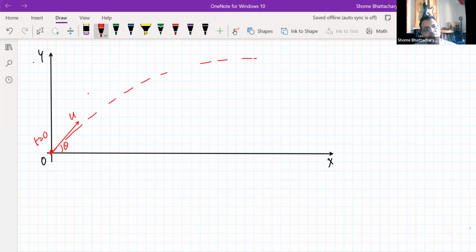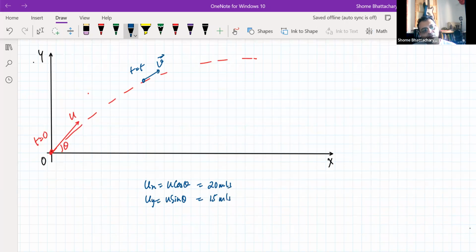Now, as this goes in this kind of a path, in general, at a time t, we have, so in this case, this will be 20 meters per second. This will be 15 meters per second at t equal to 0. And the acceleration, you know, is, okay, so horizontal component of acceleration is 0, vertical component of acceleration is minus 10 meters per second squared.